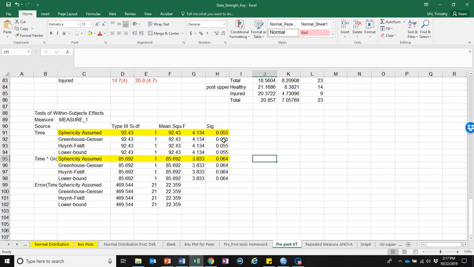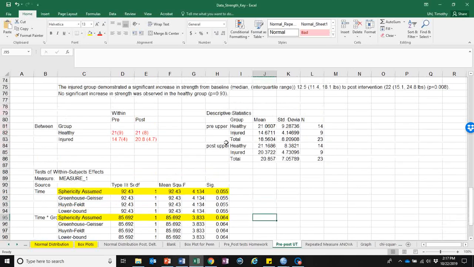So regardless of the group, if you average those two data points together, and let's go back up here to this analysis. So what it's doing, if you keep this straight in your brain, is that it's ignoring the groups and it's looking at the times of the two groups. So this is the baseline, or the average of 21 and 14.